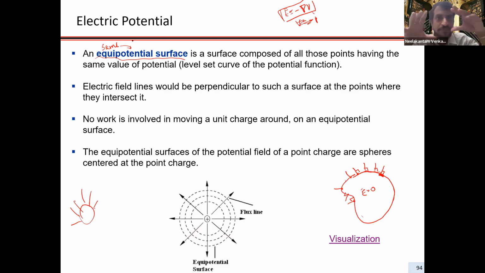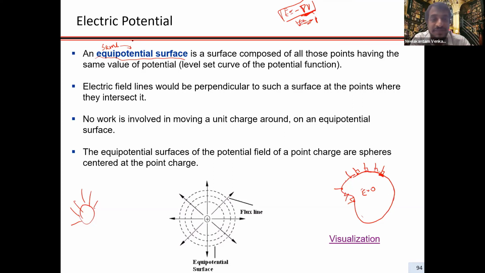All the points can be at 2 volts, 5 volts, 10 volts, 100 volts or 1000 volts, but they are all the same. That means there is no change in potential along the surface, which means the gradient of V along the surface is 0.